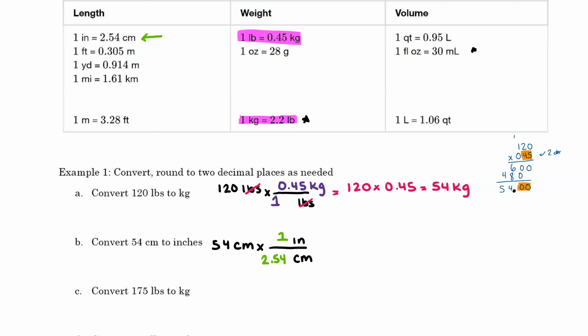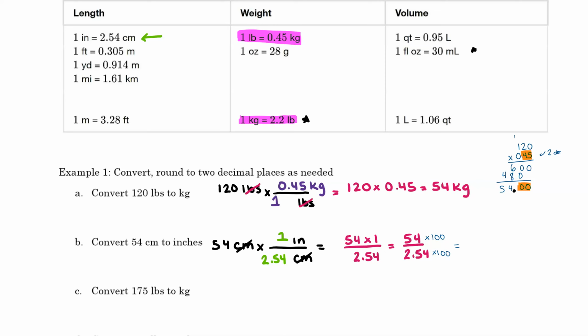So the math that we're going to end up doing is, well, centimeters cancels. So we have to do 54 times 1 over 2.54. So 54 divided by 2.54. Now what I would do to make these numbers easier is first kill your decimal by multiplying by 100. But remember, whatever you do to the bottom, you have to do to the top.